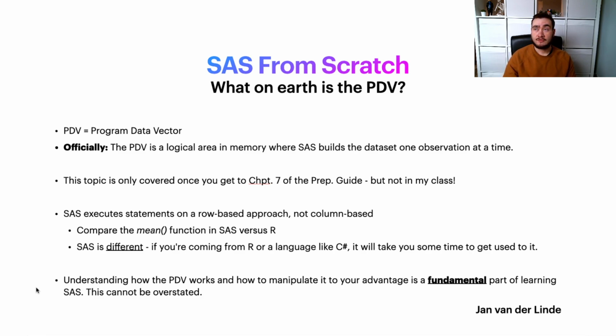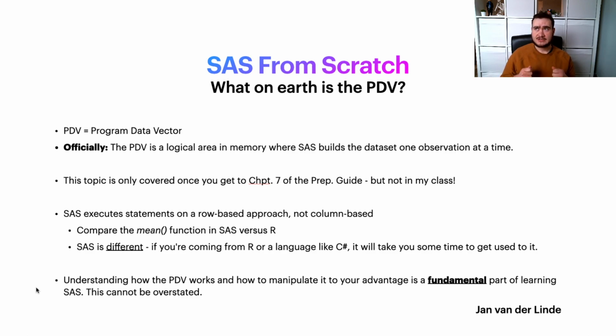If you do come from R and you do have that sort of background, take for example the way you would calculate the mean in R. If you pass a column to the mean function in R, R will take all of the values in that column, go through them, treat it as a vector, and return the mean value back to you.